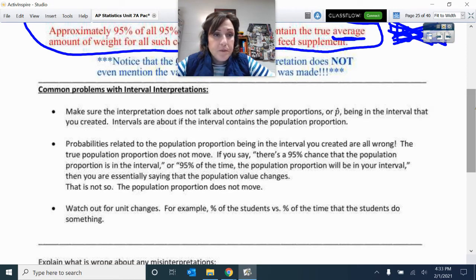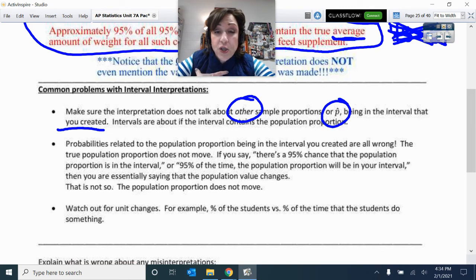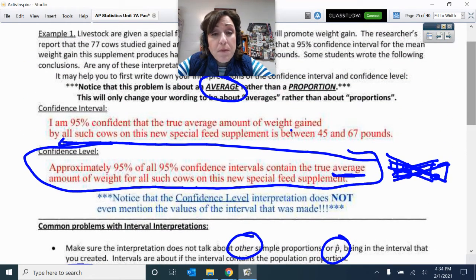So here we go. All right, first of all, a common thing is they will talk about other samples or other people's p-hats or x-bars being in the interval that you created. If they talk about other averages, other people's samples being between 45 and 67 pounds, that's out.